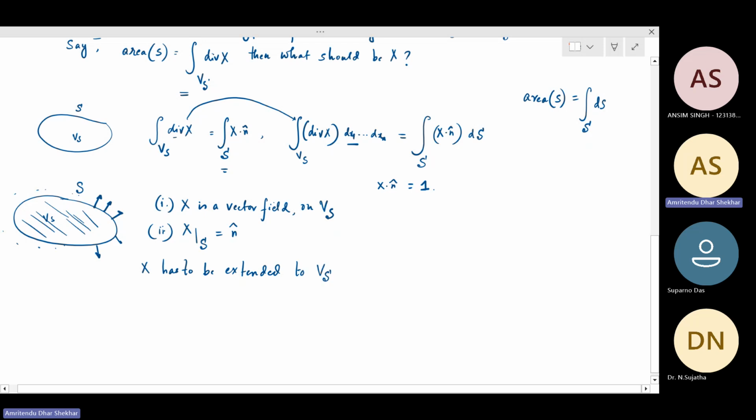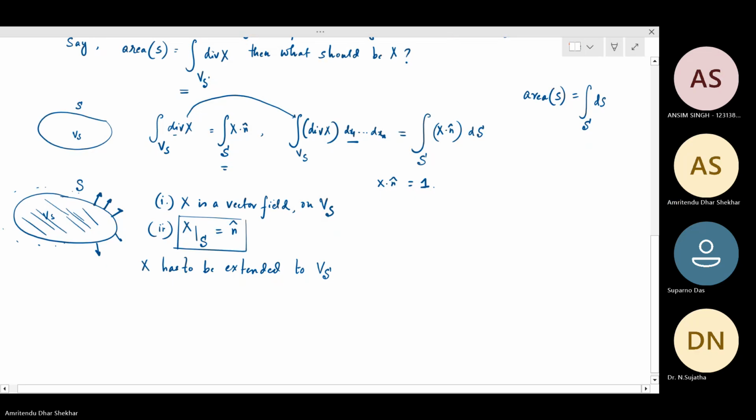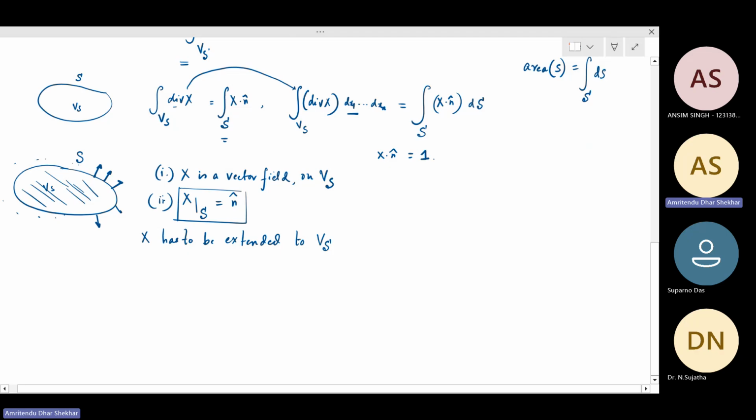But the extension should satisfy this property, of course. Otherwise, it's not an extension, right? Now, the question is, is there any unique extension? So the answer is no. There isn't a unique extension of X.